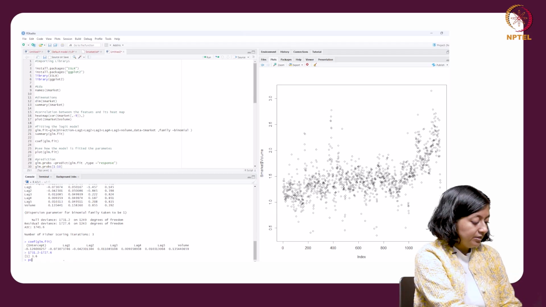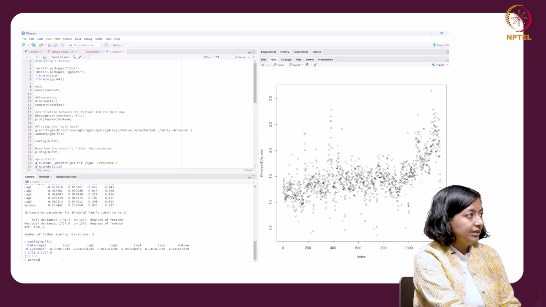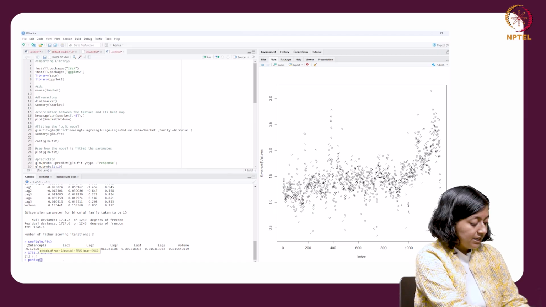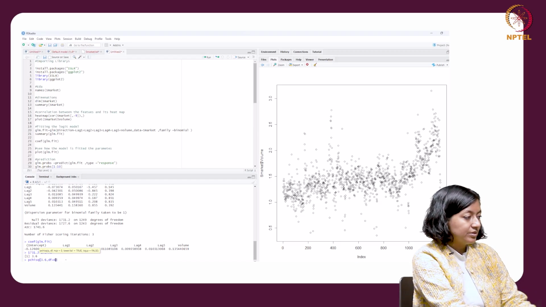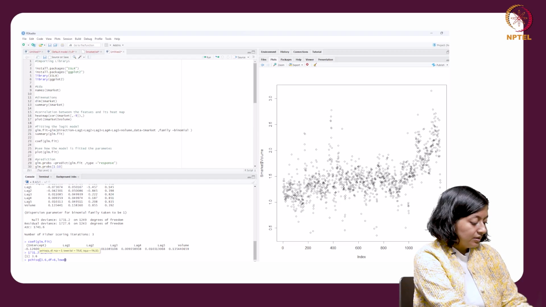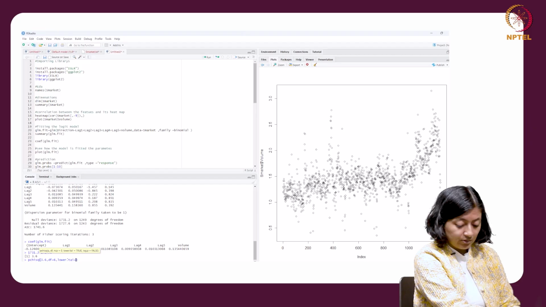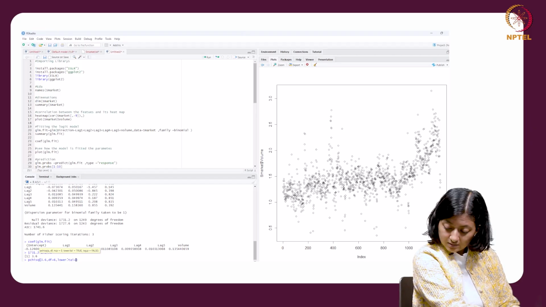I will write here pchisq(3.6, df = 6, lower.tail = FALSE).